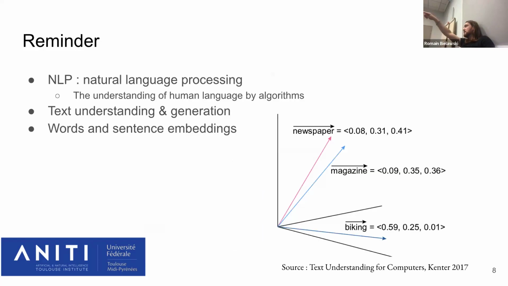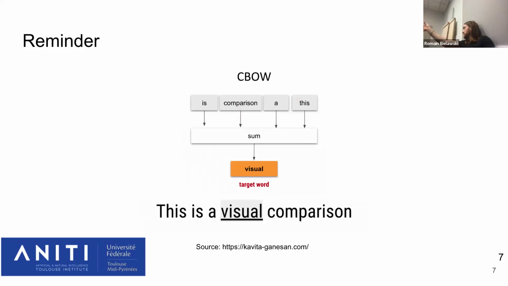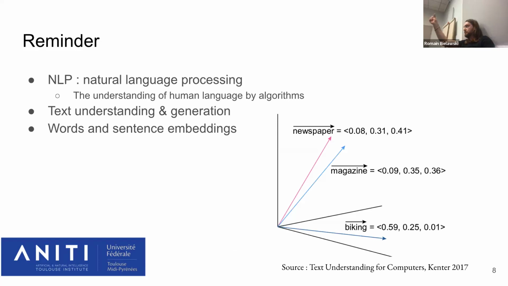And then you want your network to predict a probability density that has its highest value on the position of the word visual in your dictionary. Is that clear?